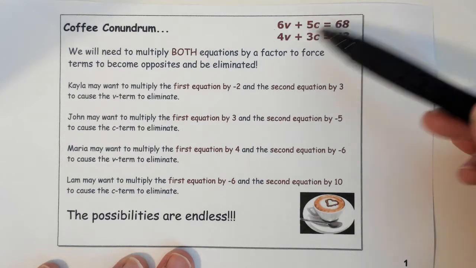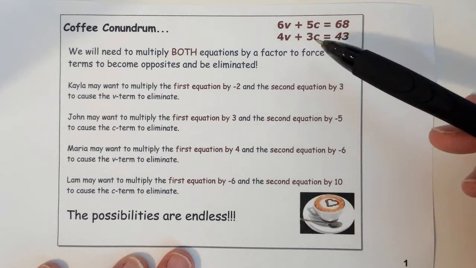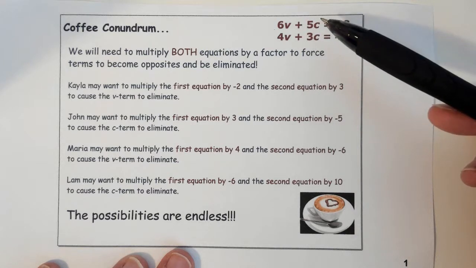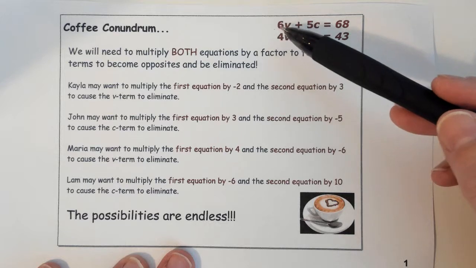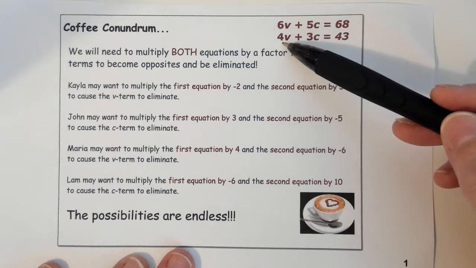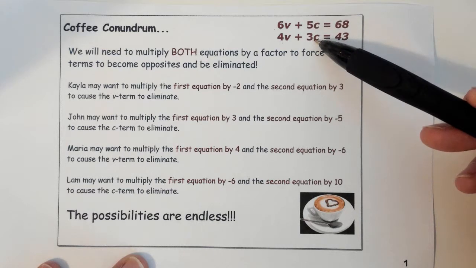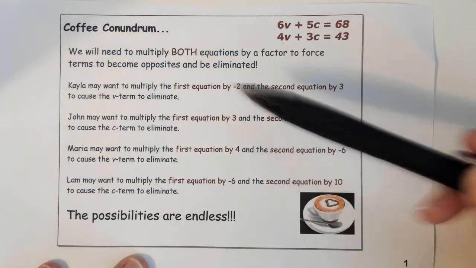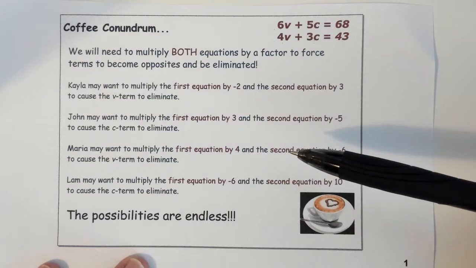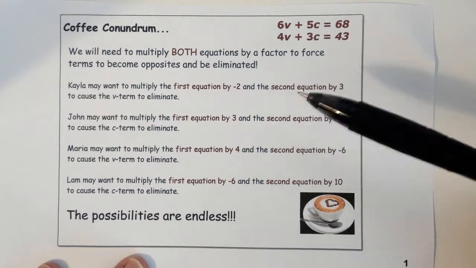That would eliminate the c term because 3 times 5 is 15, -5 times 3 is -15, and then I have opposite c's. I can multiply this one by 4 and this one by -6 to give me 24 up here and -24 down here. I can multiply this one by -6 and this one by 10. That would give me -30 and +30. There are a billion different ways I could solve this. That's the reason you tend to not like this strategy, but it is a super powerful strategy to use. So we're going to talk a little bit about what to do and how we should do this.